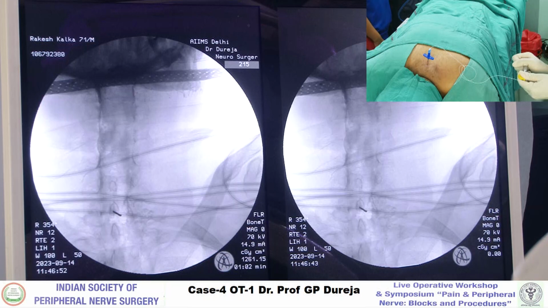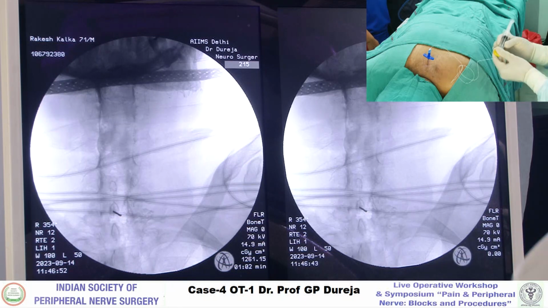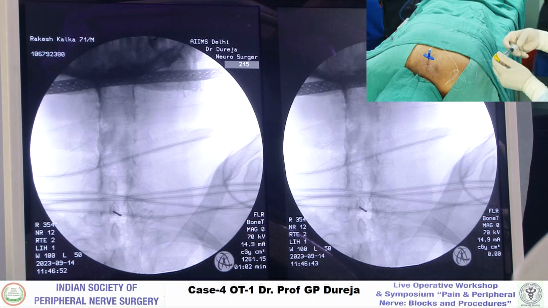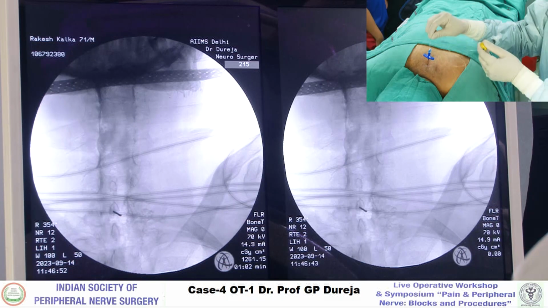And like the catheter has gone up, had you directed the bevel upside? Yes. And can we do this for the down also? The bevel is always directed up. If you want upper segment, you can direct it down. Put a catheter, it will go up to thoracic 6, 7, 8 also from this level. Okay, sir. And, so we take out the catheter.